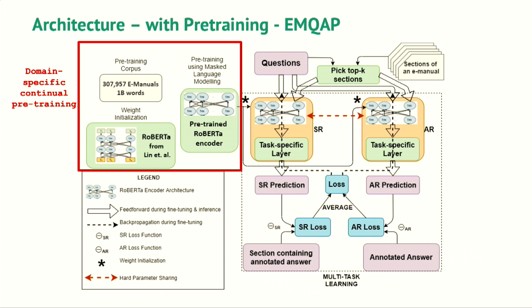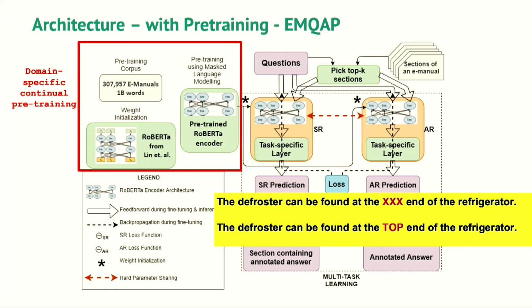We found 300,000 e-manuals with about 1 billion words, and we begin to train this network with a simple masked language model.